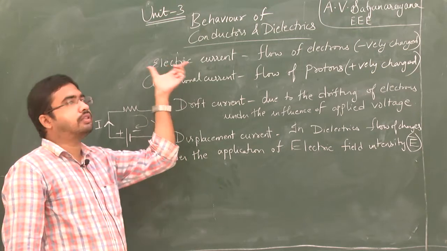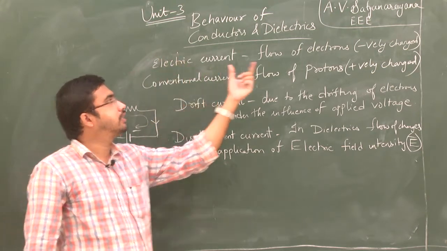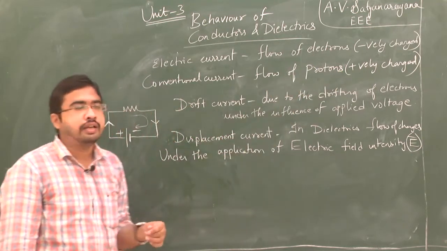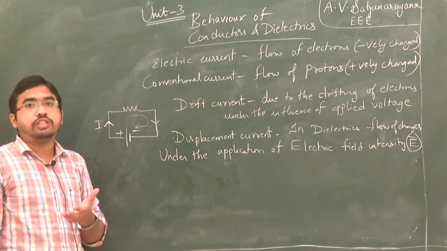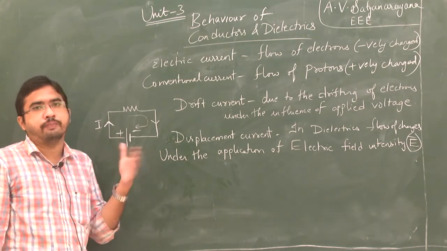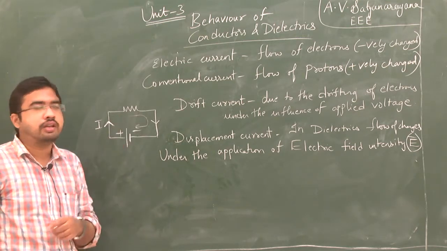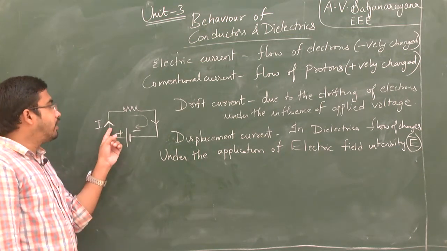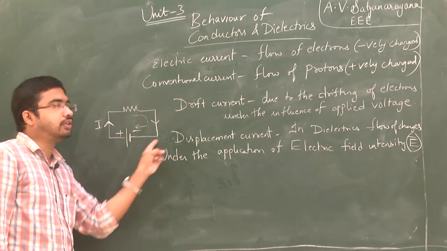Let us revise them once again. Electric current is the general flow of electrons in a conductor, which are negatively charged. Conventional current means which we are taking for our convenience to express the polarities of different quantities in a circuit. Conveniently we are taking the direction of current as the conventional direction, that is from high potential to low potential.